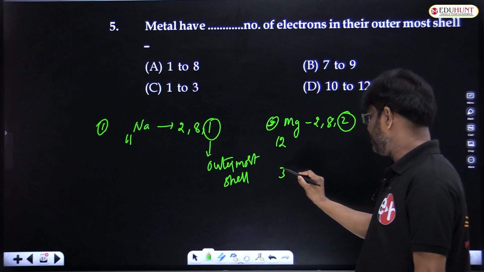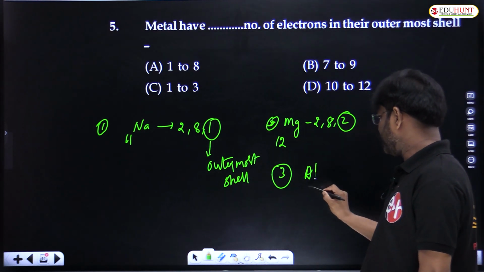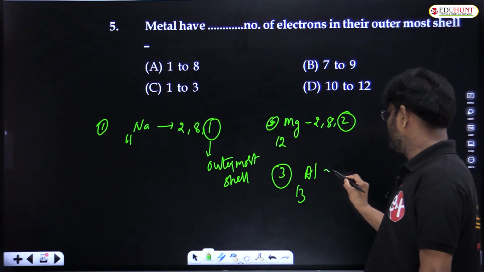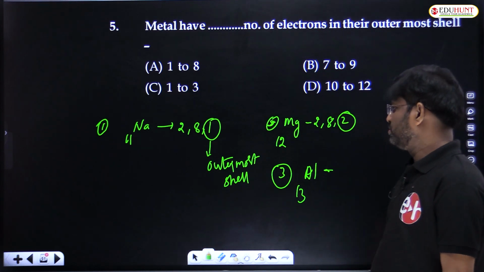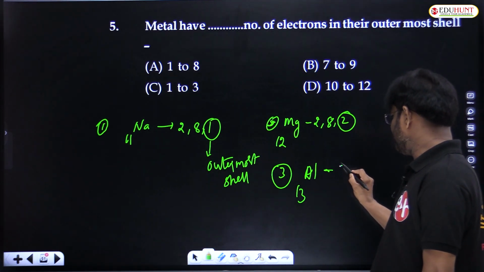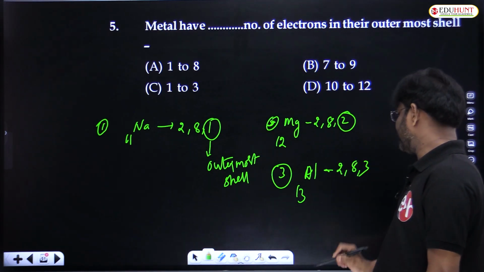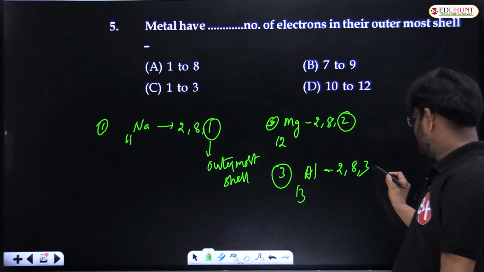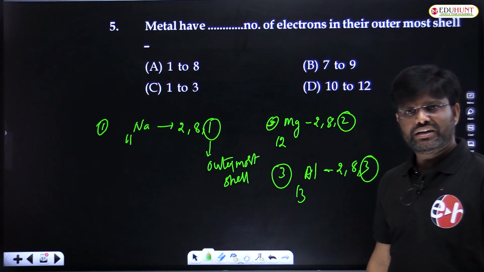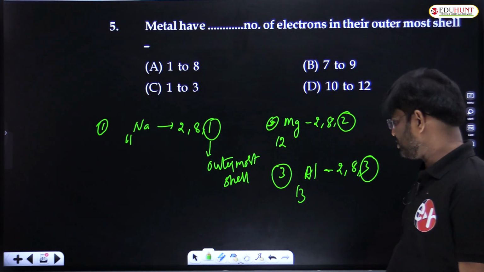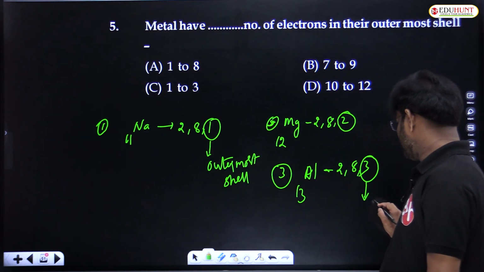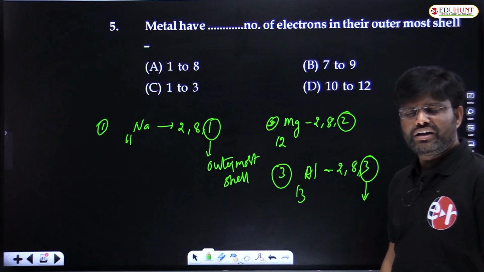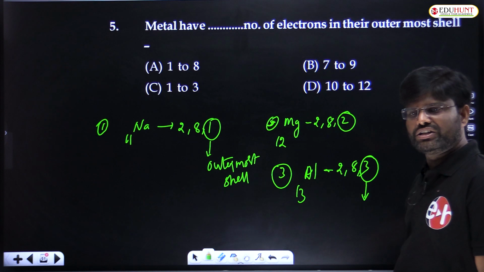Third, aluminum, atomic number 13. The electronic configuration is 2,8,3. How many electrons are present in the outermost shell? 3.